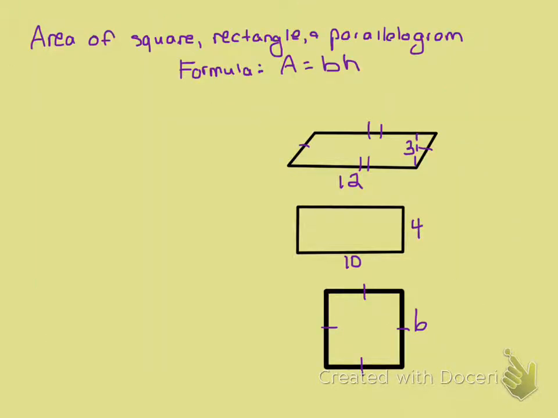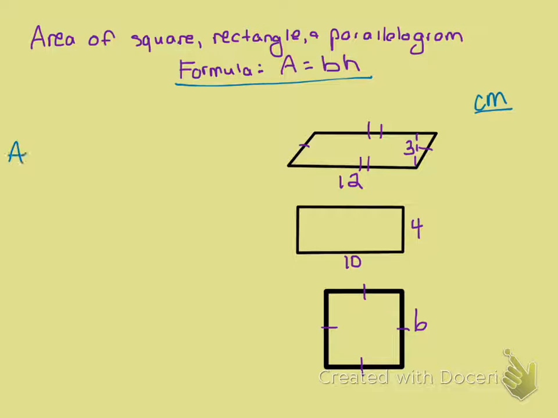Area of a square, rectangle, and parallelogram. So when we're using this, we have our formula of area equals base times height. That's the same formula for all of these. So let's say that all of these measurements are in centimeters.